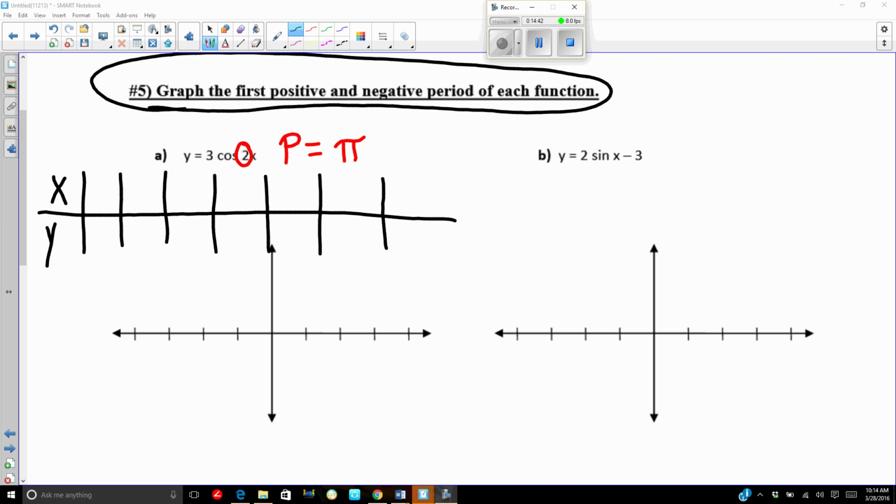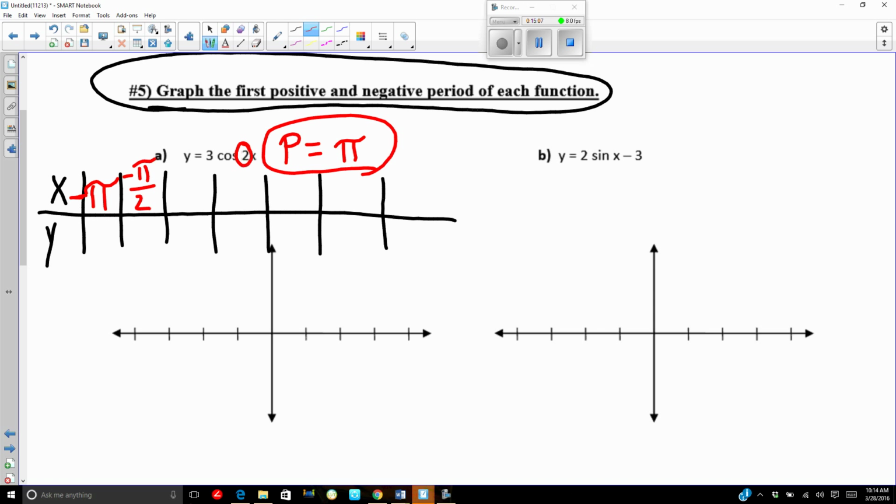So the values we want to pick, again, you could pick the same values we picked for all these problems. You could, but we can actually shorten it a little bit since normally these repeat themselves every 2 pi units. But since it repeats itself every pi units, we only need to count from negative pi to positive pi. I'm still going to count by halves.